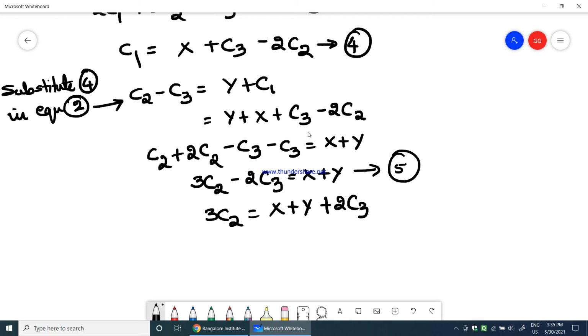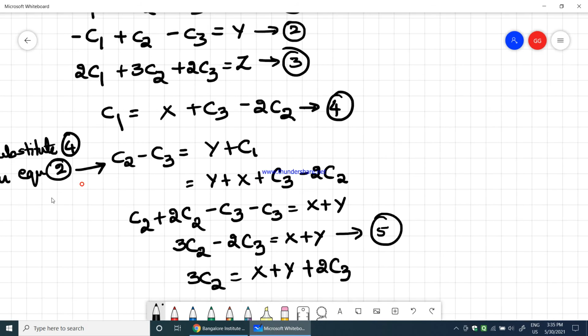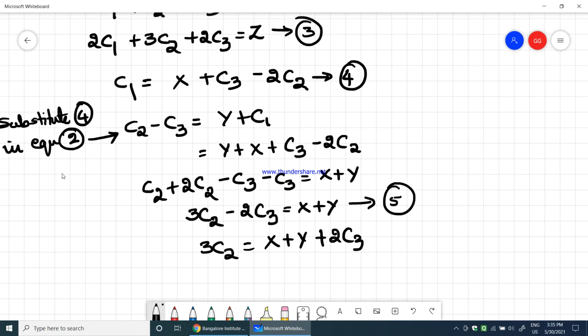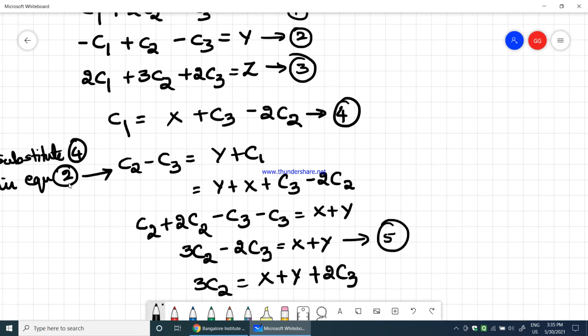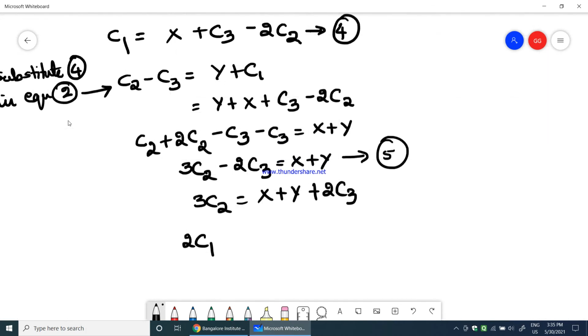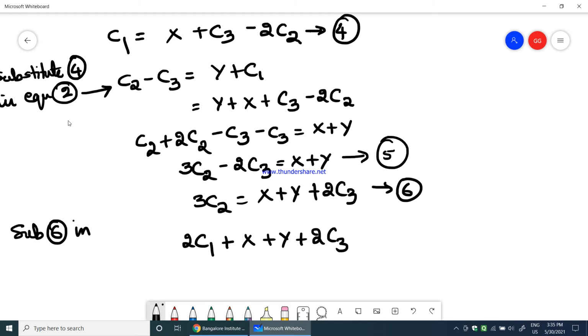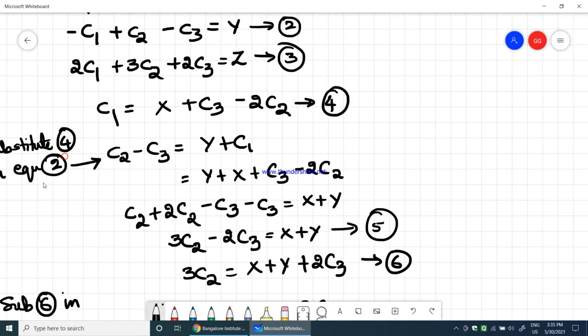Now for the third equation, 2C1 plus 3C2, I will substitute that here. 2C1 plus 3 times C2 is 2C1 plus X plus Y plus 2 times C3. I take this as the sixth equation and substitute 6 in 3.